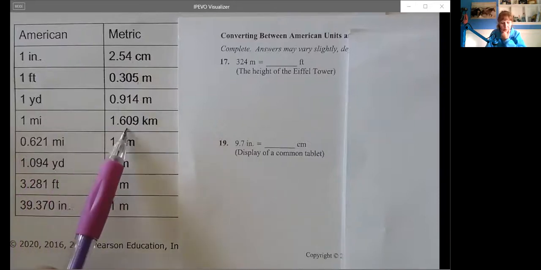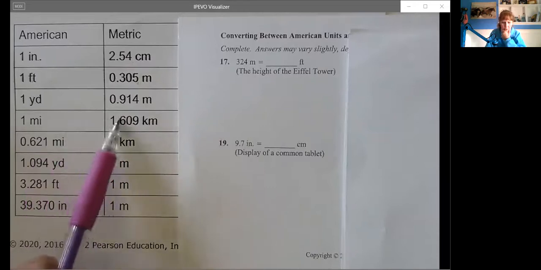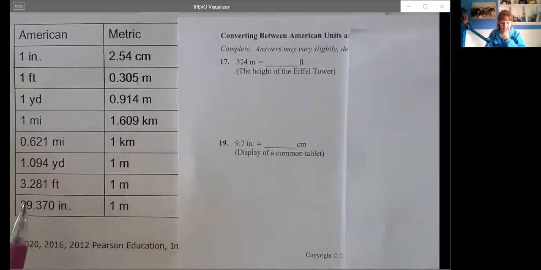So it takes up more kilometers to make a mile. So a mile's a little bit further. A mile, kilometer. And again, the way we're using dimensional analysis, it doesn't really matter which one of these you use. Yards to meters, feet to meters, inches to meters.